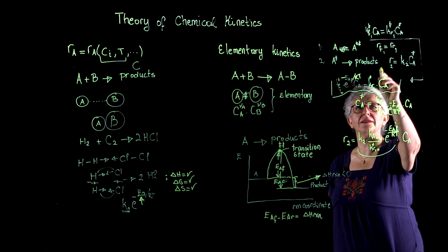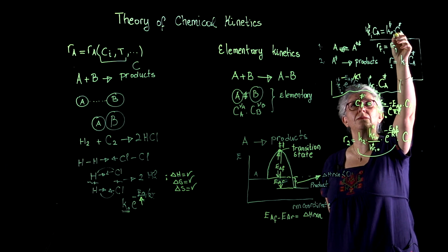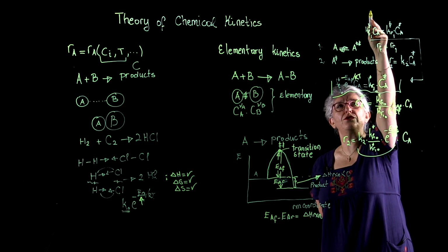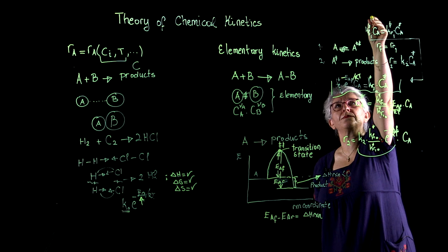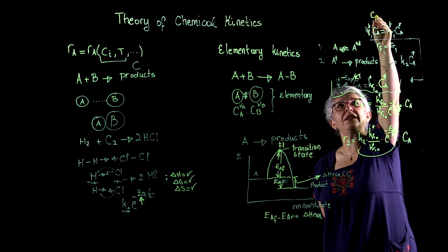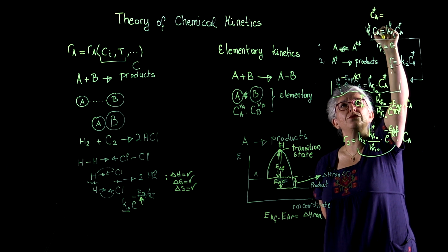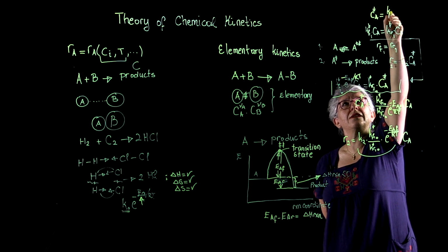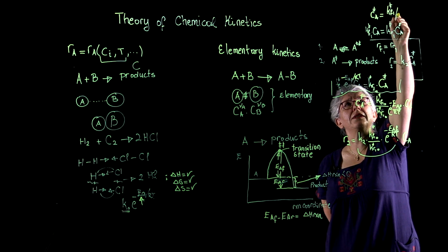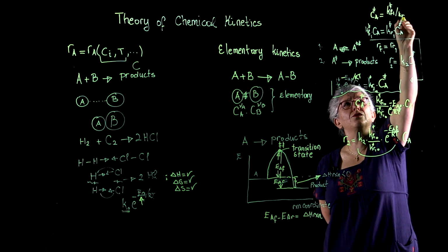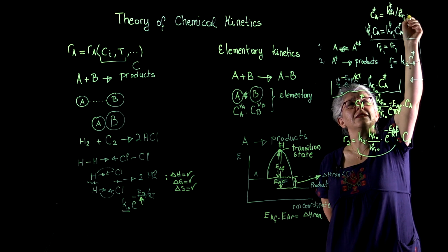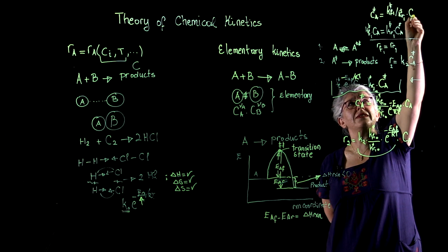And write this in the simple form. I will continue upwards. I will write Ca dagger to be equal to K forward 1 dagger divided by K reverse 1 dagger times Ca.